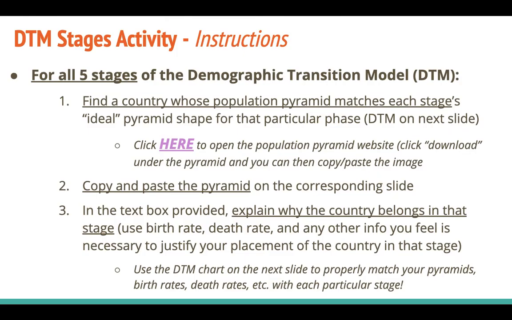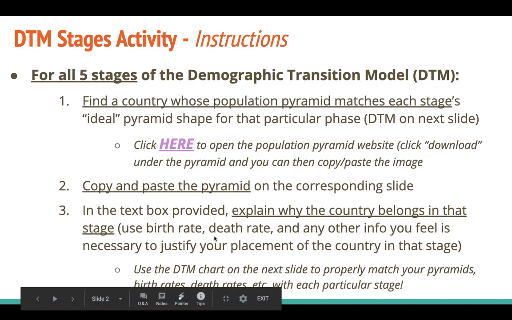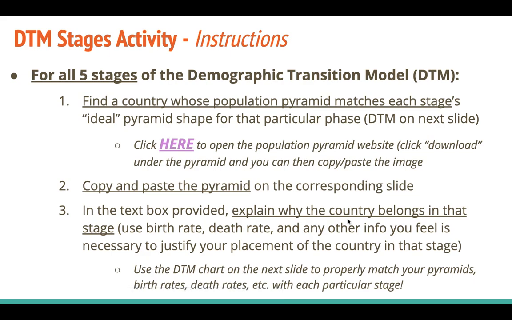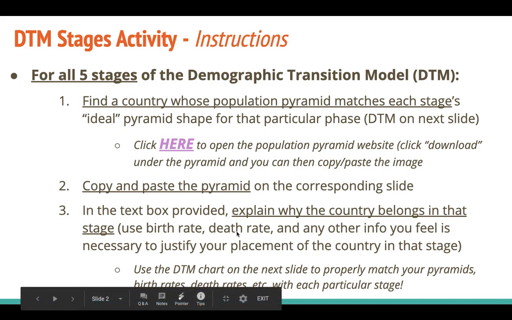But for each of them, you need to find the pyramid, copy and paste it on the corresponding slide, and then in the text box on that slide, simply explain why you think that country belongs in that particular stage. There are some important things you need here to justify why you put it in that particular stage. Two of the big things are birth rate and death rate.